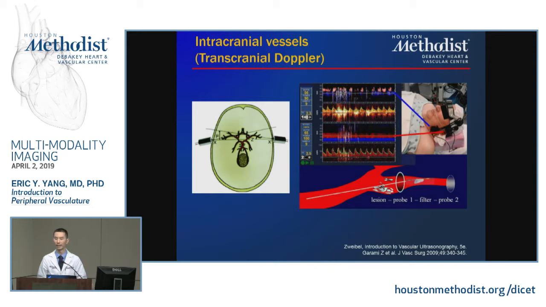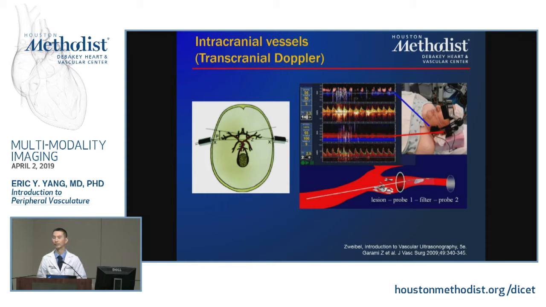I mentioned before that I'd cover transcranial Dopplers for the evaluation of more intracranial vessels, and Dr. Garamy has published this nicely, where we actually use a lower frequency ultrasound probe that can penetrate the skull and examine the different parts of the intracranial vessels.